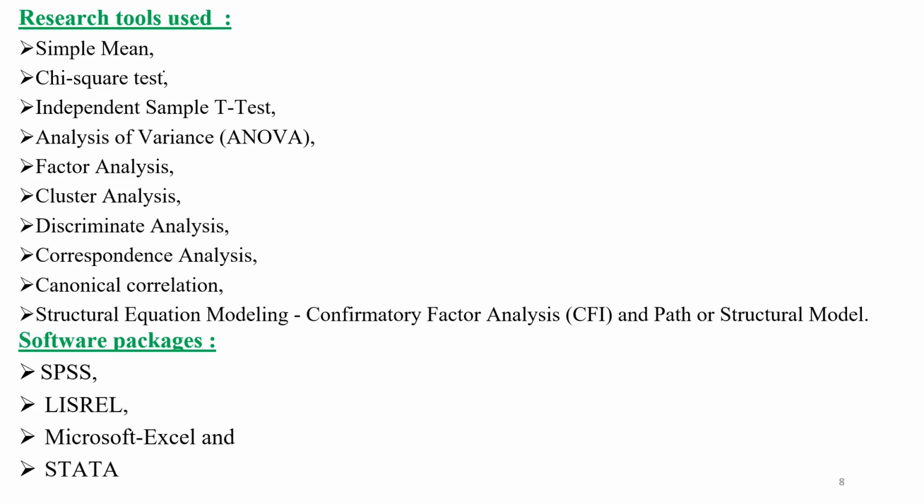And factor analysis: there is exploratory factor analysis, and we have confirmatory factor analysis also. When we go for structural equation modeling, at that time we will go for CFA, which is called confirmatory factor analysis. Then we have cluster analysis, discriminant analysis, correspondence analysis, content analysis, regression, correlation, all those things.